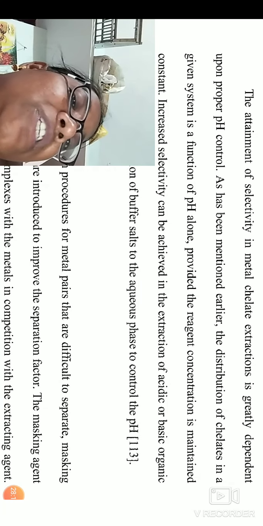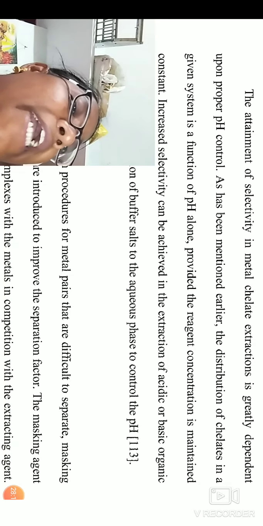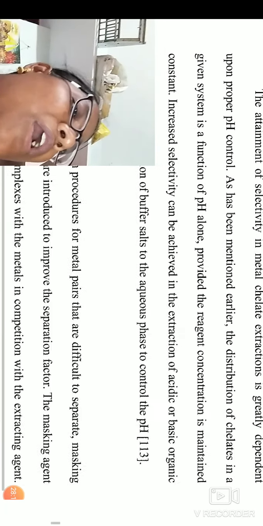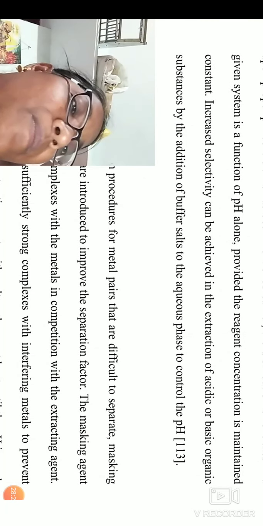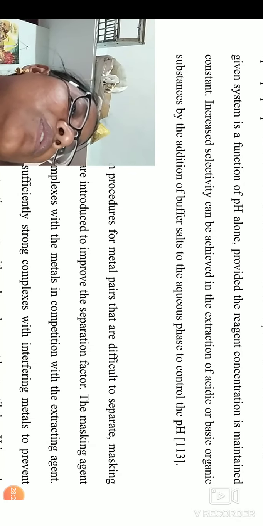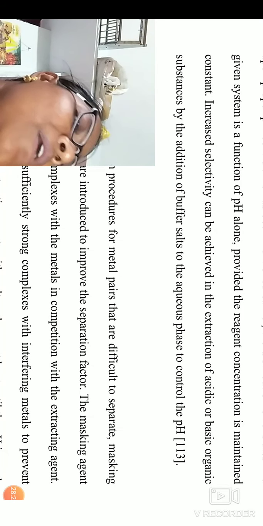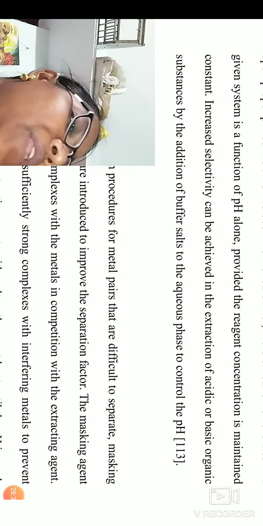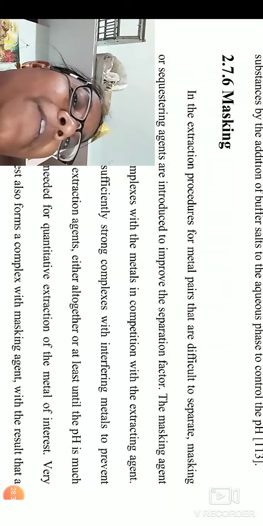Increased selectivity can be achieved in the extraction of acidic or basic organic substances by the addition of buffer salts to the aqueous phase to control the pH.